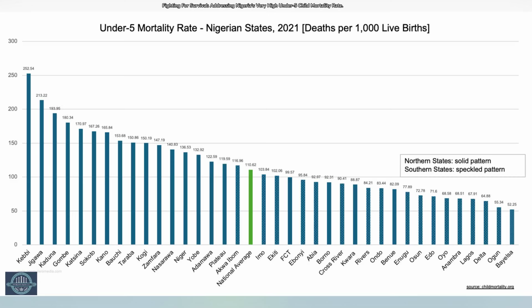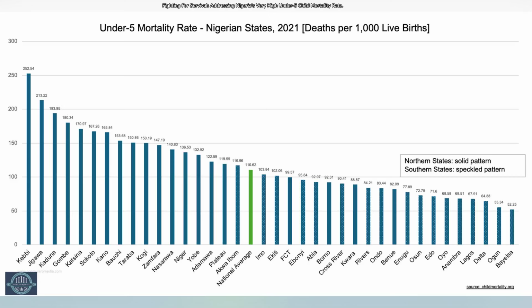This regional disparity highlights the urgent need for targeted health interventions in the northern states to address the high under-5 mortality rates and improve overall survival outcomes for children across the country.